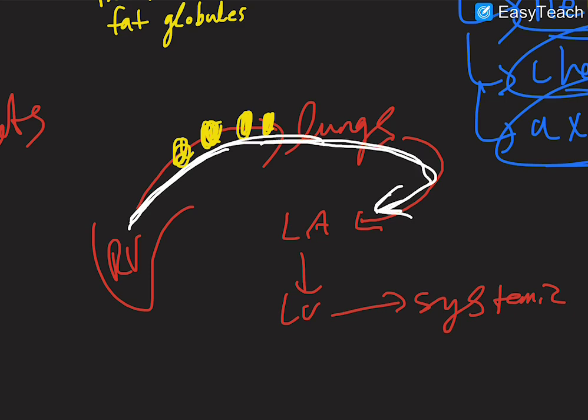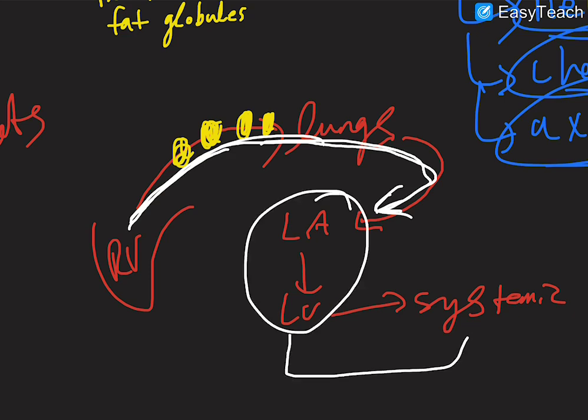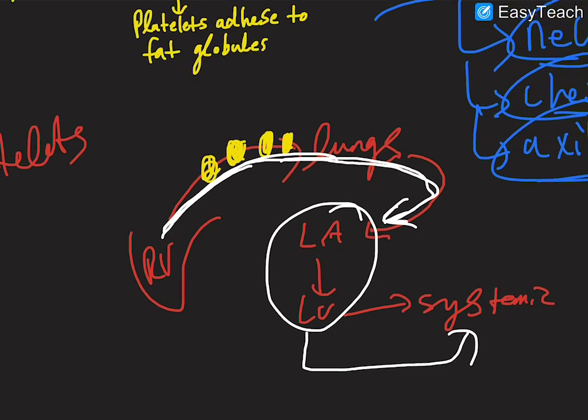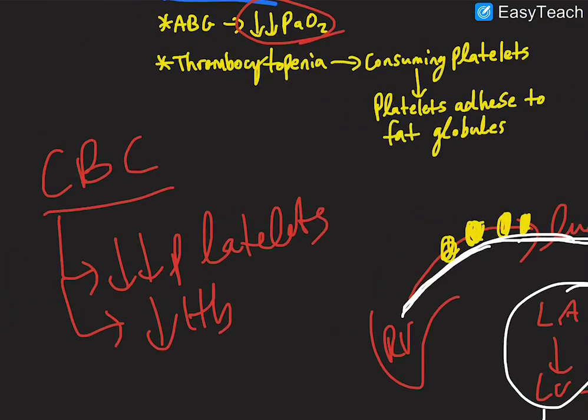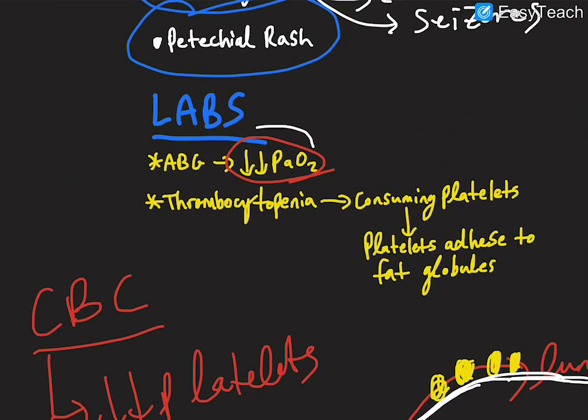So that means you're going to have less oxygenated blood returning to the left side of your heart, which means less oxygenated blood will go to your systemic circulation, which can lead to things like cyanosis and hypoxia. So that's why if you do an ABG, you can see a low PaO2 level. Okay. And of course, another reason we already talked about is if you have acute respiratory distress syndrome, right? You have all that protein-rich fluid filling up your alveoli, thickening that membrane.